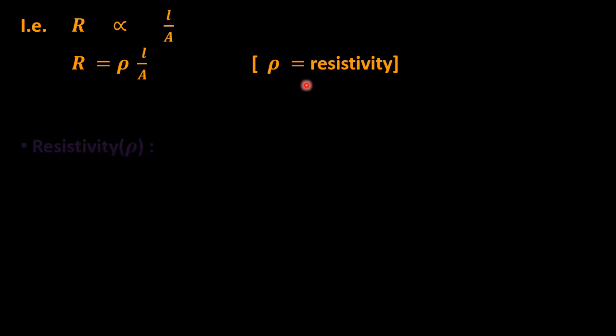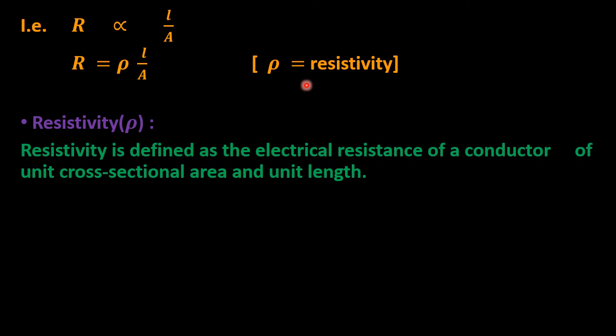Now we define resistivity as the electrical resistance of a conductor of unit cross-sectional area and unit length, which means if the length of the conductor is unity and the cross-sectional area is also unity, so 1 by 1 is 1. In that case, the resistivity will be equal to the resistance of the conductor. And the SI unit of resistivity is ohm meter.